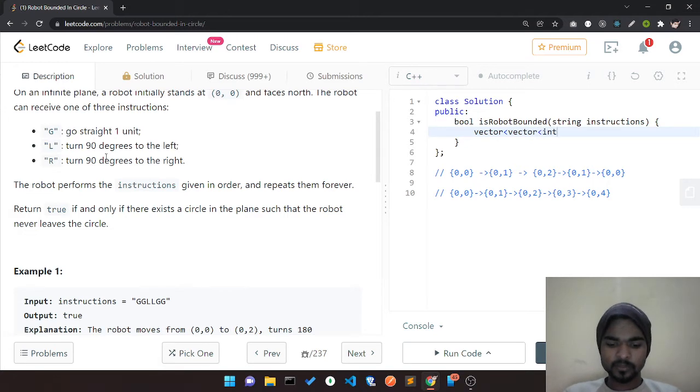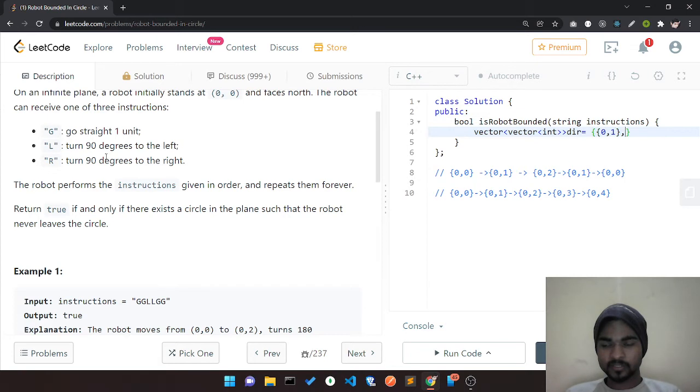So I'll make a vector which is going to store the direction the robot is facing. There are four directions. First, it's standing on the north, so I'll make north. How can I represent north? If I'm standing on 0 comma 0, the north direction is nothing but 0 comma 1.